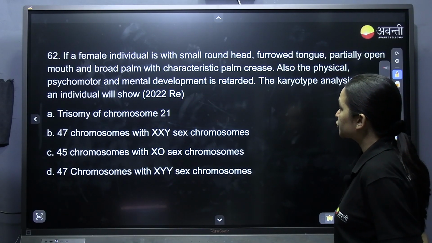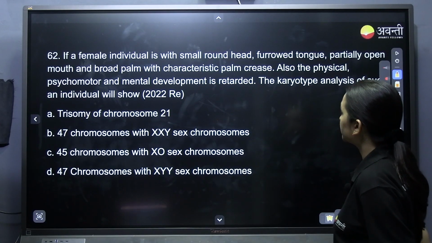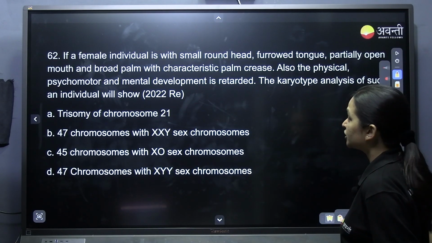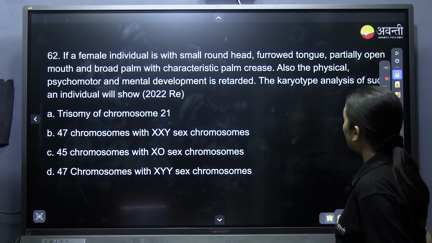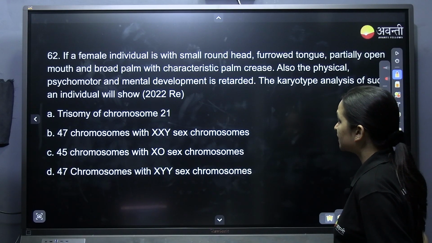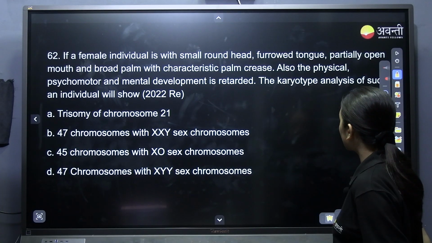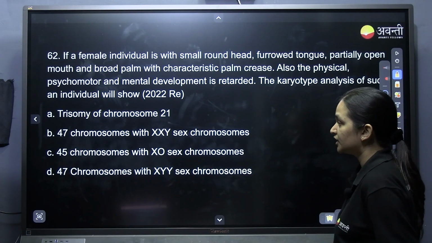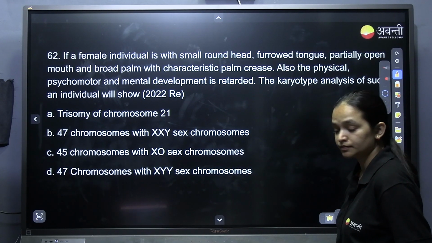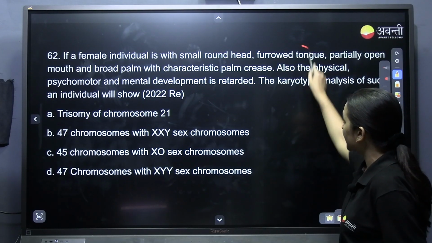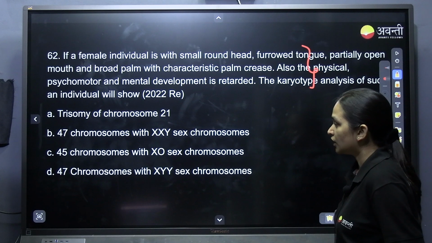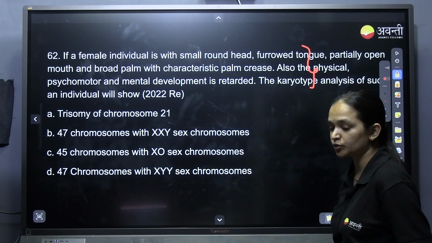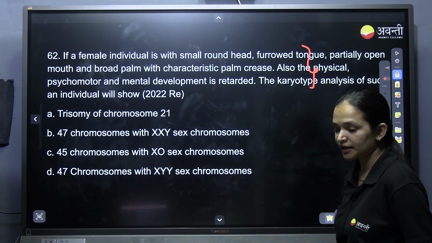If a female individual has a small round head, furrowed tongue, partially open mouth and broad palm with characteristic palm crease, and physical, psychomotor and mental development is retarded, the karyotype analysis of such an individual will show what? These are the characteristics of Down syndrome, otherwise called trisomy 21. Why trisomy 21?